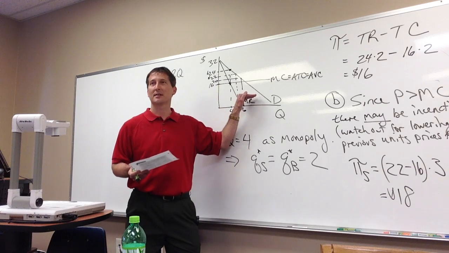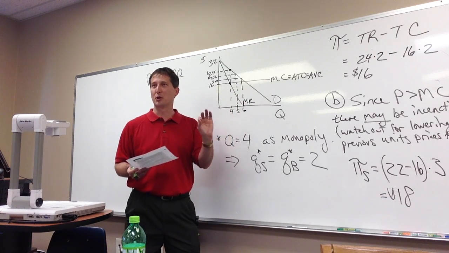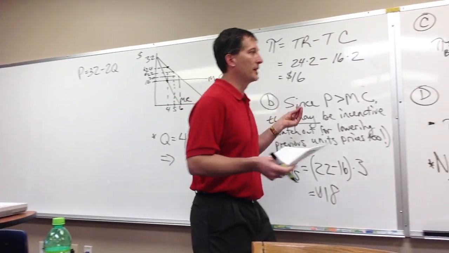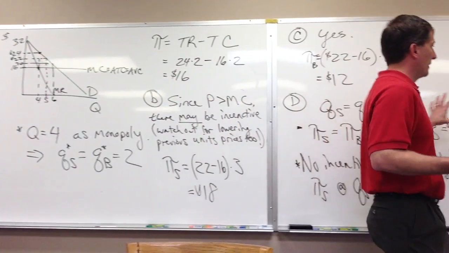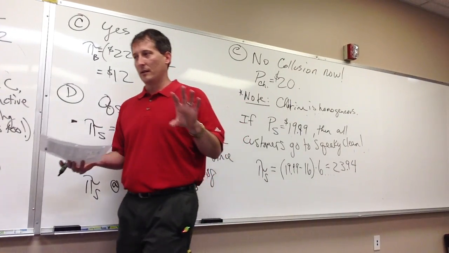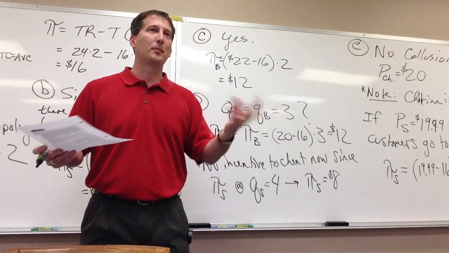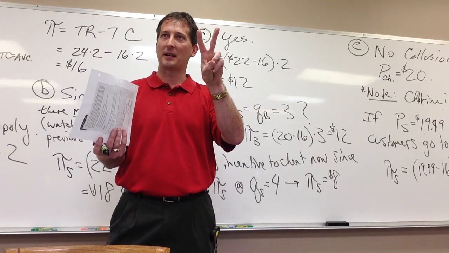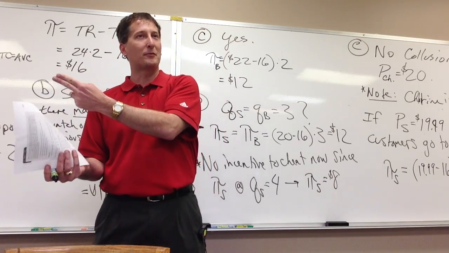Price equals marginal cost, the competitive solution. That is the Bertrand pricing model. What's unique about this is we've got a situation where there appears to be a lack of competition with only 2 firms, right? But we're getting a competitive result.